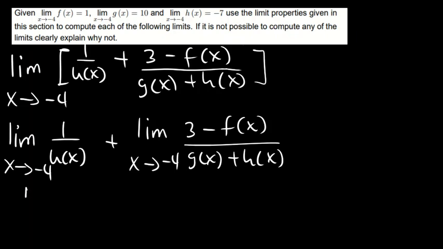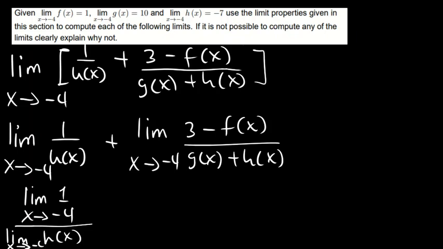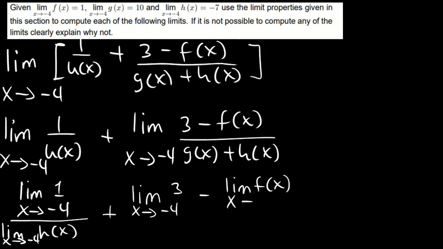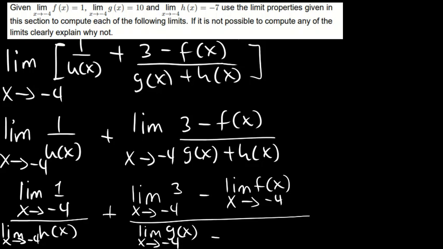Then from here, we are going to have the limit of 1 as x approaches minus 4 divided by the limit of h of x as x approaches minus 4, plus the limit of 3 as x approaches minus 4, minus the limit of f of x as x approaches minus 4, divided by the limit of g of x as x approaches minus 4, plus the limit of h of x as x approaches minus 4.